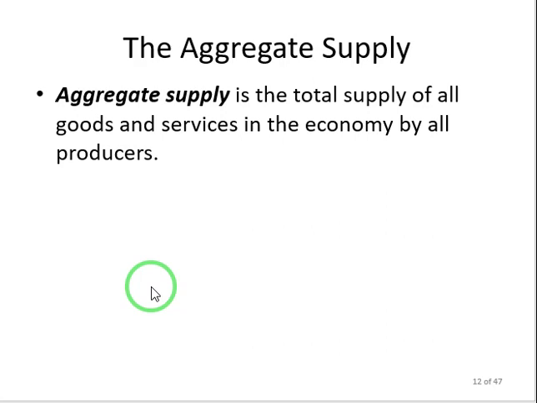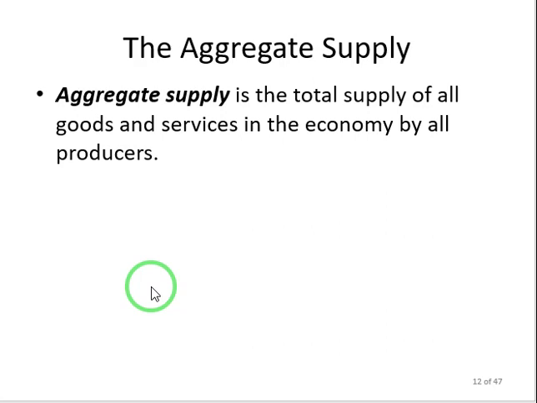Here we are talking about aggregate supply, which means that here we talk about the supply of all goods and services, not a single commodity, rather overall goods and services. And also here we do not talk about one producer, we talk about all producers in the economy.